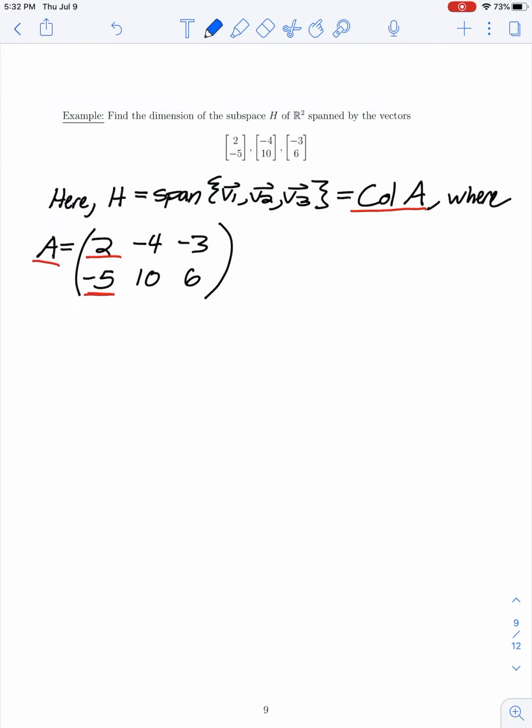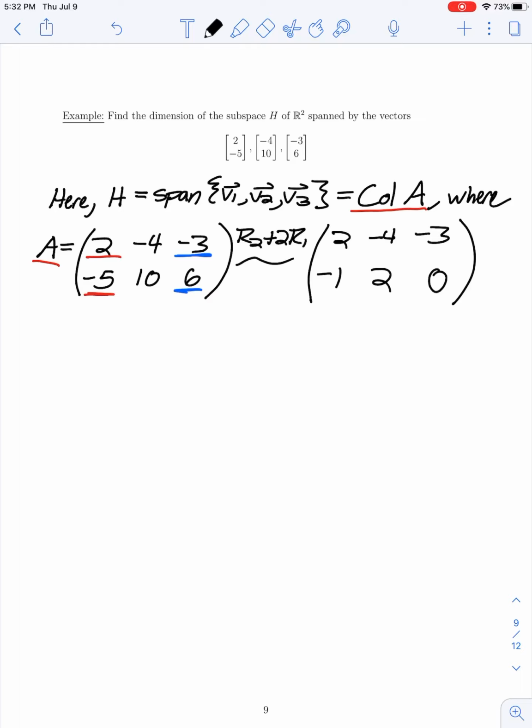I see that I have an entry of -3 in my first row, third column, which I could use to kill off the 6 appearing in the second row, third column, by taking row 2 plus 2 times row 1, which would make my first row 2, -4, -3, and my second row then becomes -1, 2, 0.